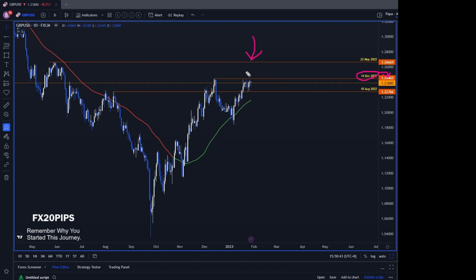Okay, and the round figure, right? So you only need to take note of all these major resistance or support. All right. Yeah.